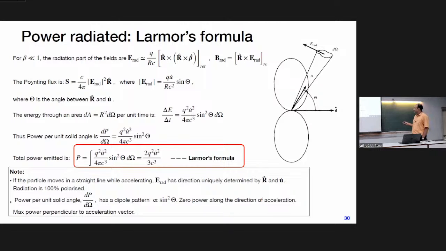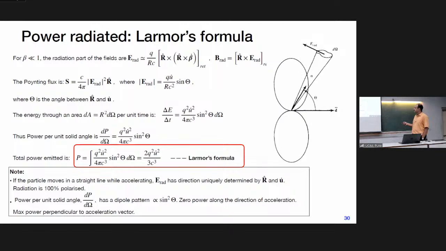But look at the variation of this object. So sine squared theta. This is the acceleration vector. This is the direction towards which the radiation is going, or the observer's direction. Theta is the angle between the acceleration vector and the observer, which also comes from r cap cross beta dot. So this looks like dP/d omega, the angular distribution of the power.